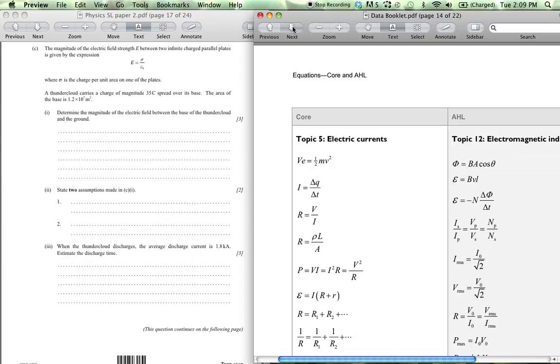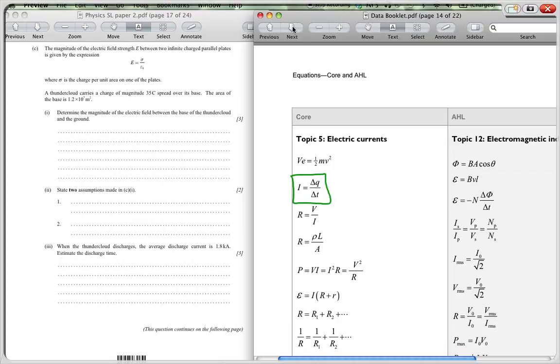Here I've got my I is equal to Q over T. We've got here that 1.8 kiloamp is our current, so I is equal to 1,800 amps, and we want to work out the discharge time.